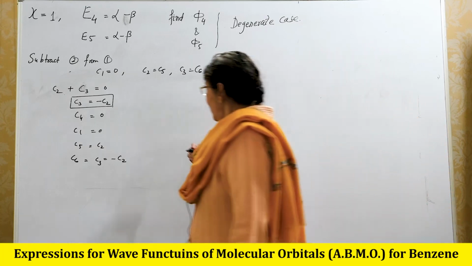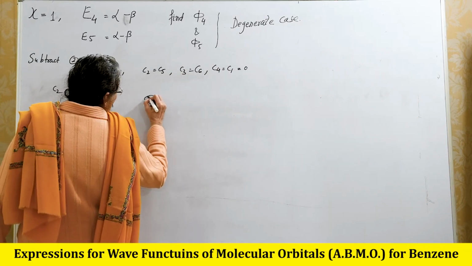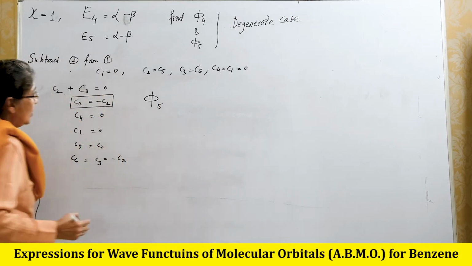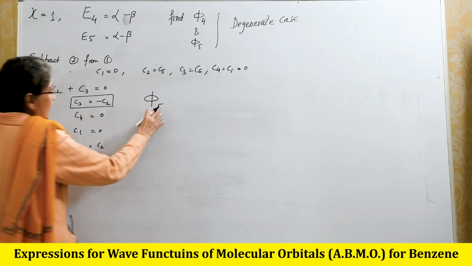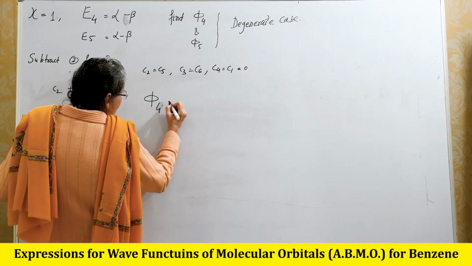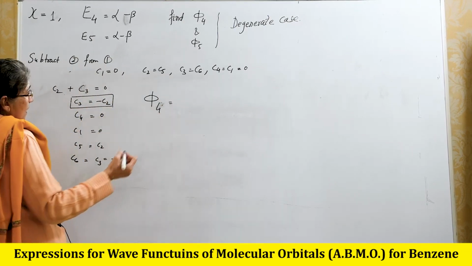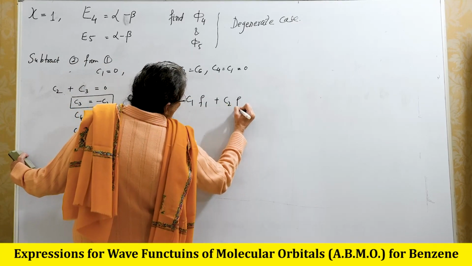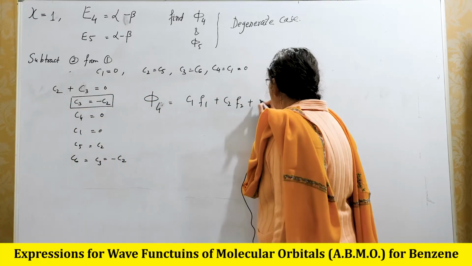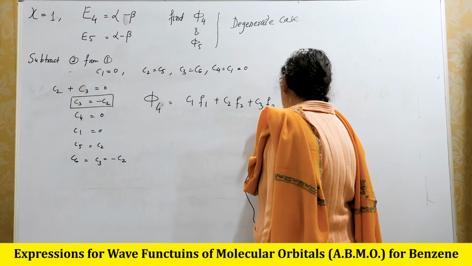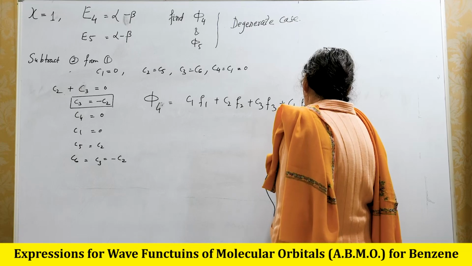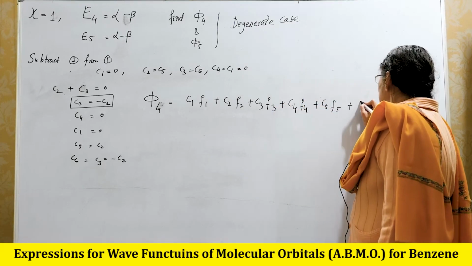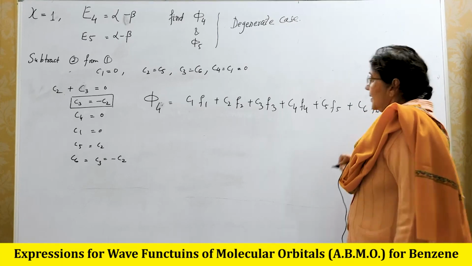Now we can calculate phi 4. Phi 4 is C1 F1 plus C2 F2 plus C3 F3 plus C4 F4 plus C5 F5 plus C6 F6.